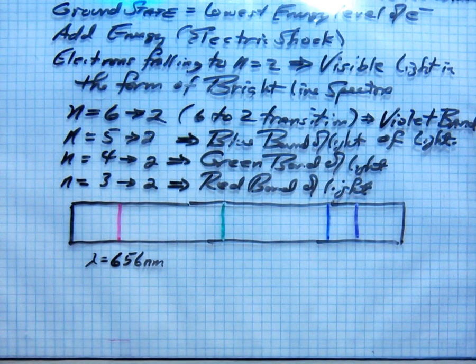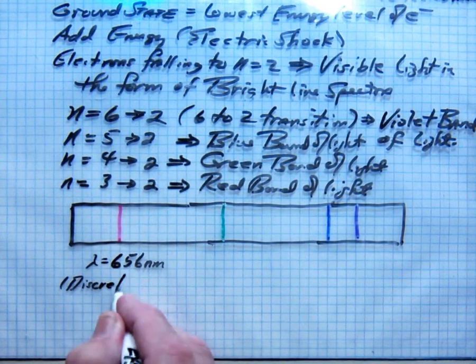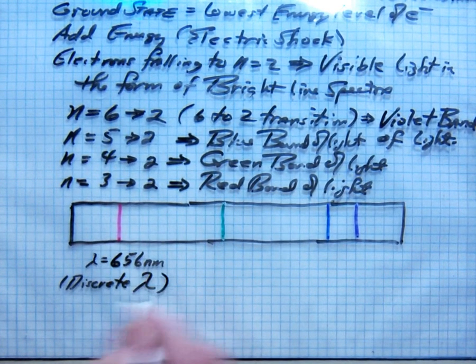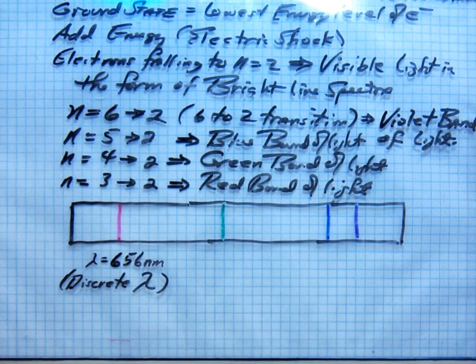It's not 655, it's 656. And so it's a discrete wavelength. Means it's only one wavelength, not multiple. If it was multiple, you'd see the full continuous spectrum, not the bright line.